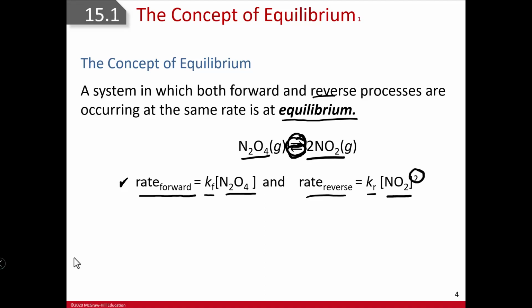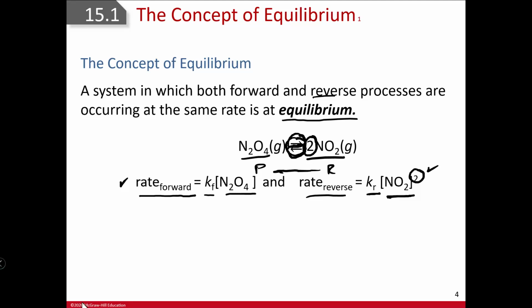Remember, this has to be determined experimentally, and it is 2. And so, again, if this reaction is going in reverse, this would be like the reactants, and this would be the product. So remember, rate laws are rate equals the rate constant times the concentration of the reactant. So that's what we learned in chapter 14 on chemical kinetics.